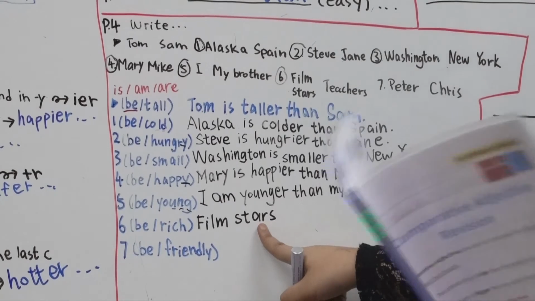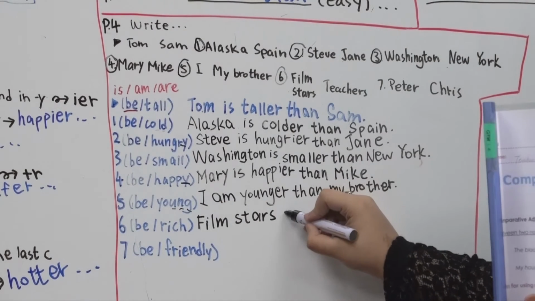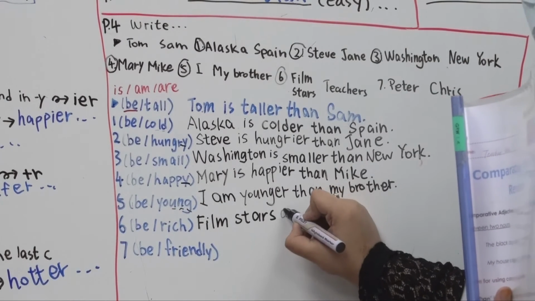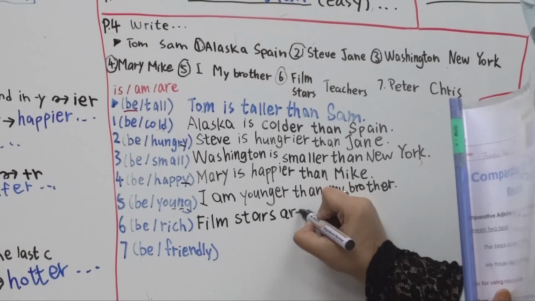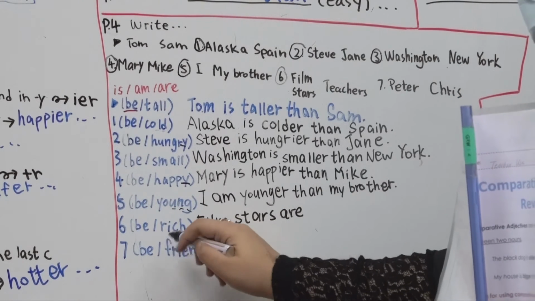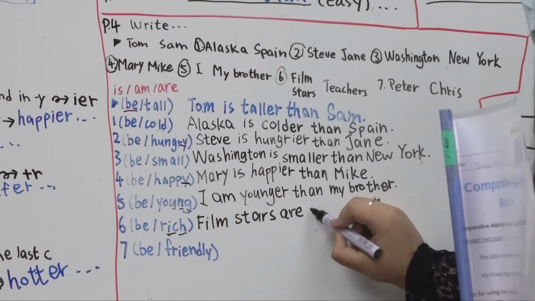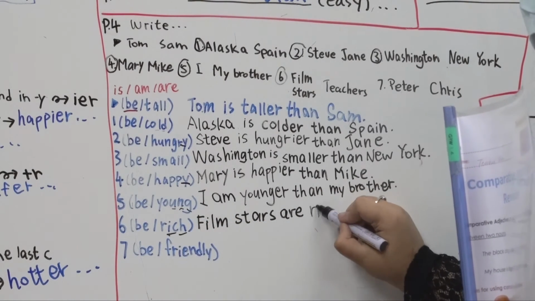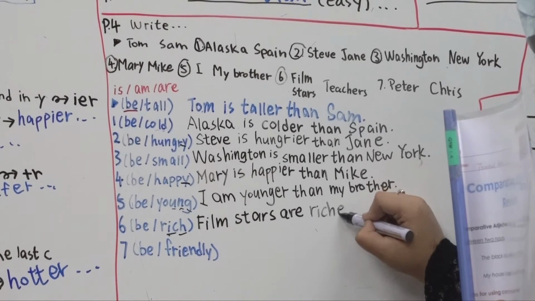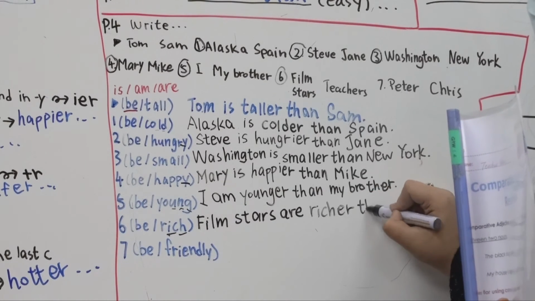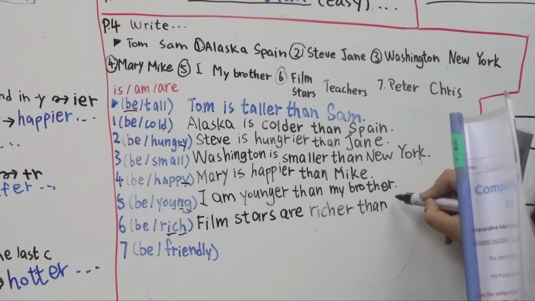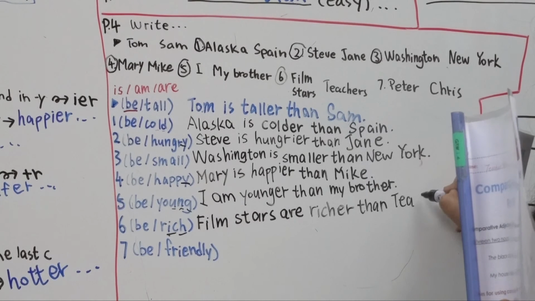Film stars refers to more than one, so we use are. Okay, are. Rich, richer than. Nothing special, right? Richer than teachers.